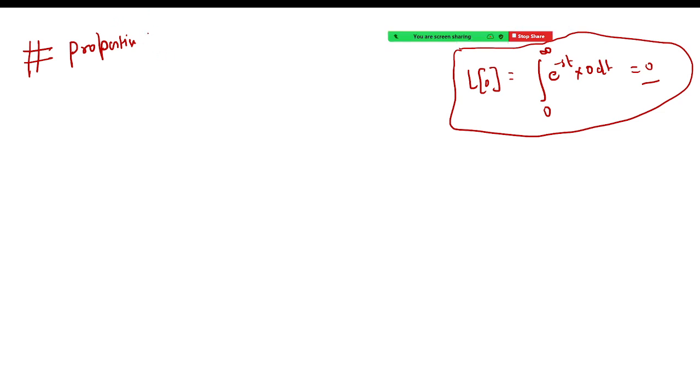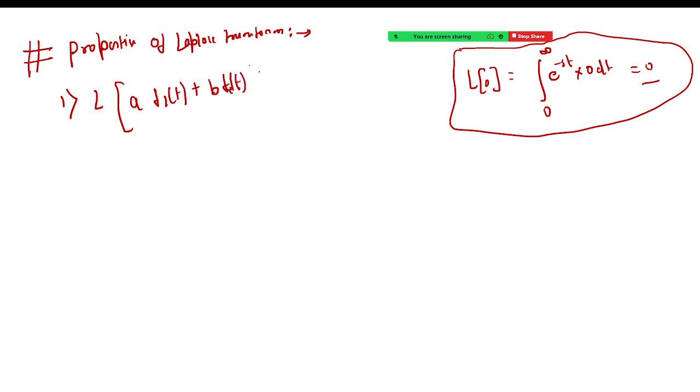Now I'll be moving forward towards the properties of Laplace transform. So I told you that first property, that Laplace transform of a f1(t) plus b f2(t). So these are the two functions, right?